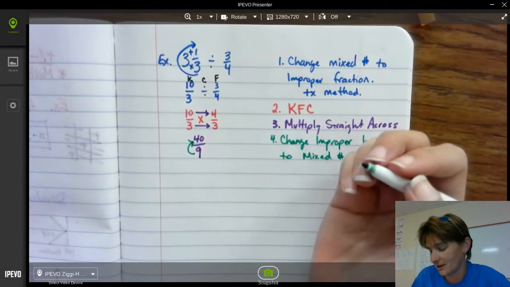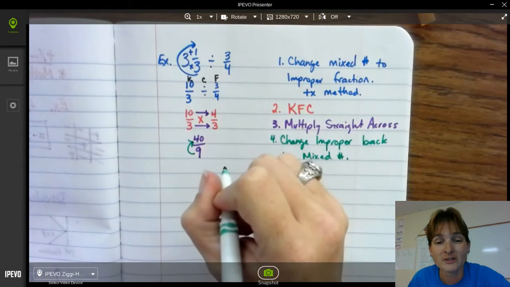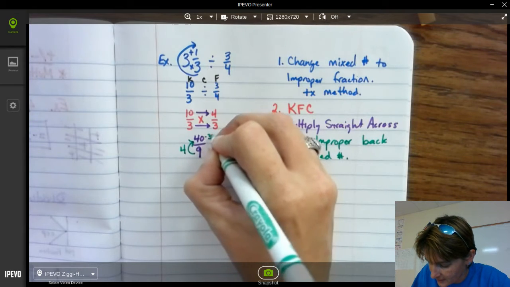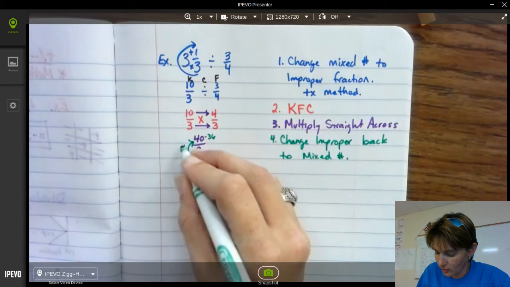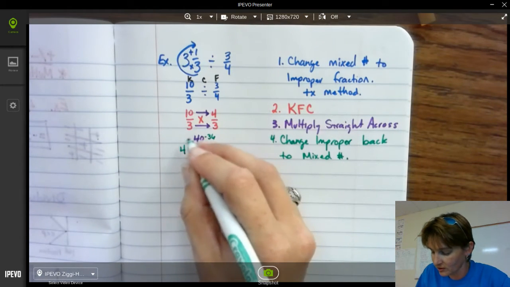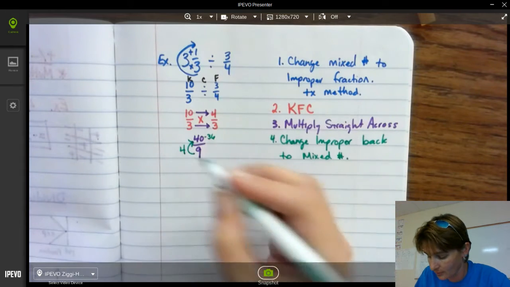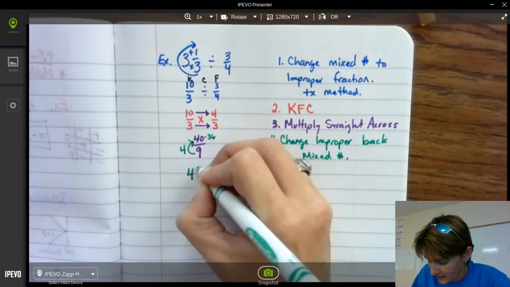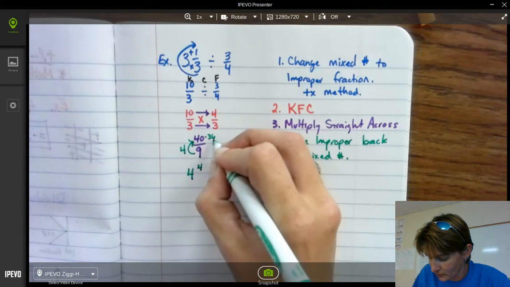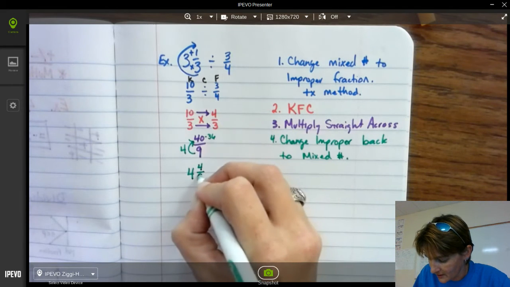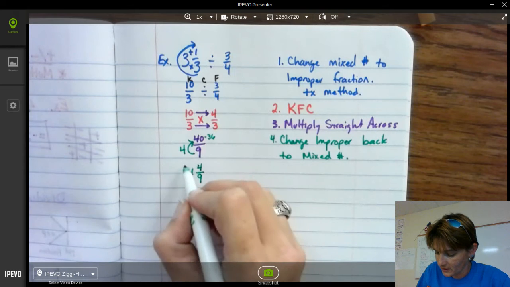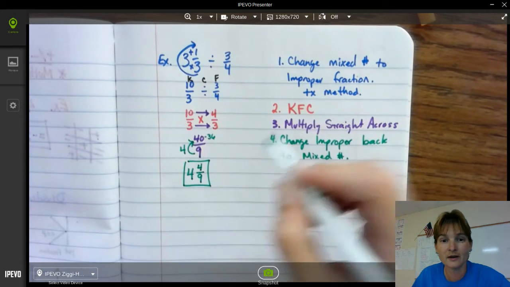Not 5. No. Okay, I'm kidding. 4 times, because 9 times 4 is 36. Okay, so our 4 is our whole number. 9 goes into 40 4 whole times. 40 minus 36 is 4 remaining, so that's our numerator. And our denominator stays the same. So 40/9 is equal to 4 4/9.